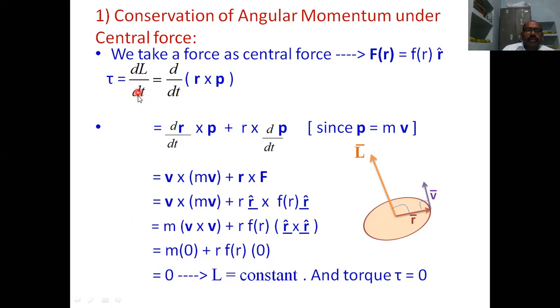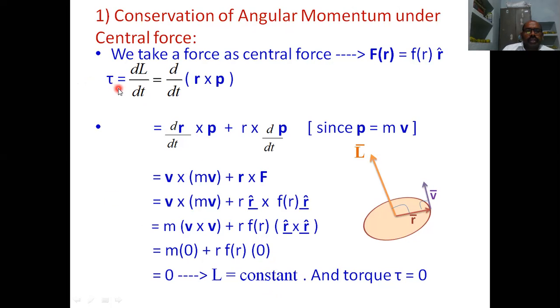So if dL by dt is equal to 0, it indicates that angular momentum L is equal to constant. Angular momentum is a vector. A vector is constant means its direction is constant and its magnitude is constant. In that way, we have shown that the angular momentum under central force remains constant, or the angular momentum is conserved.